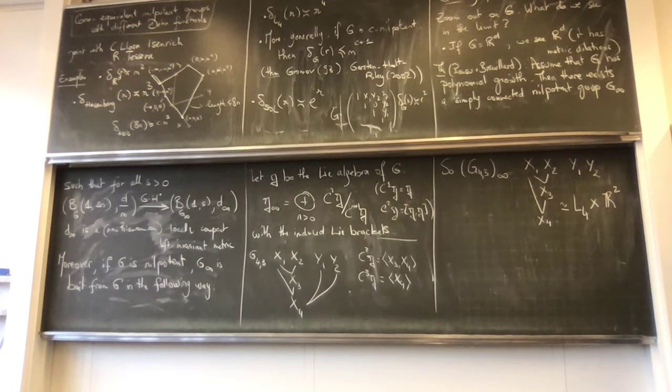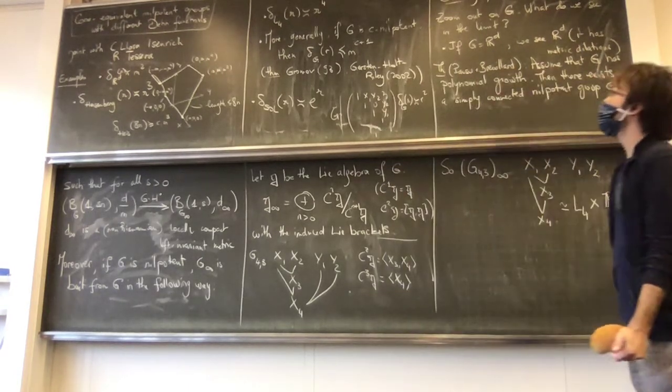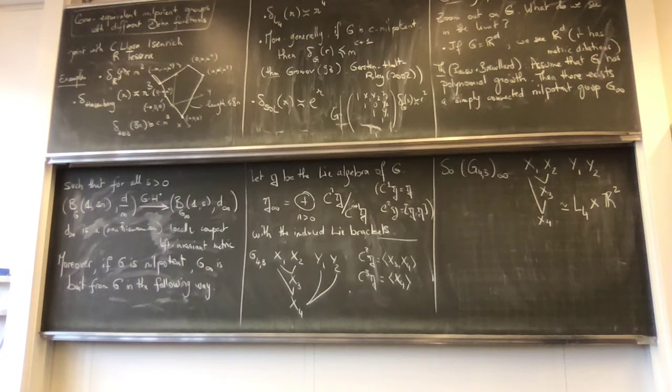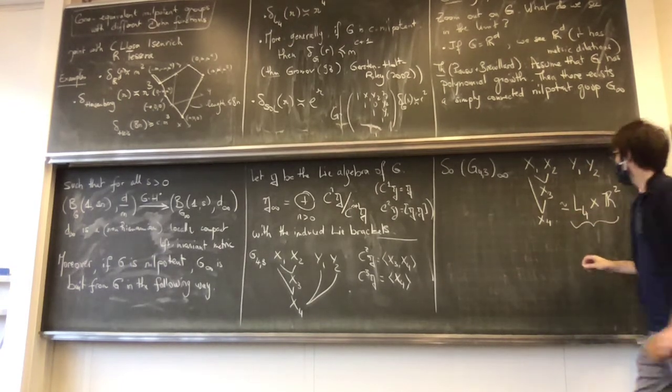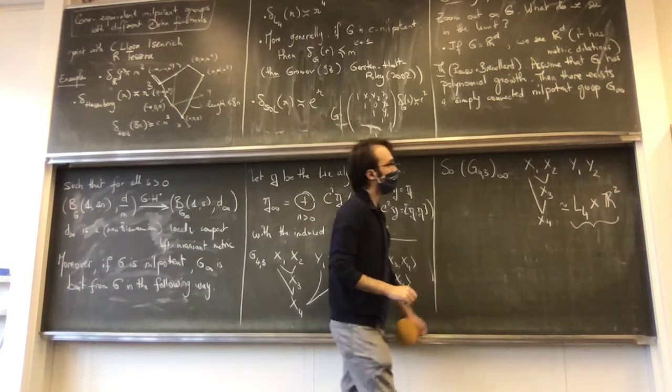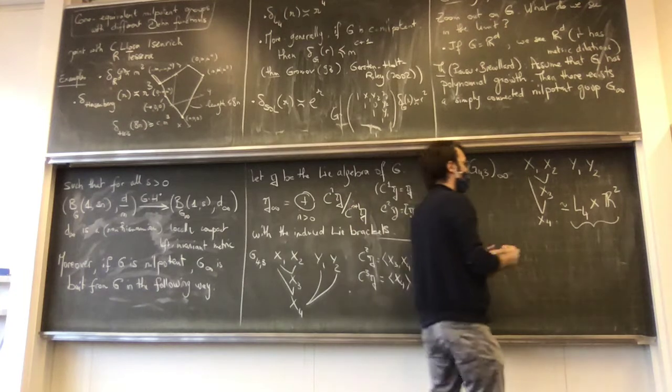The Dehn function of this one is not too hard to compute because we know the Dehn function of L4. L4 has a nice model, which is a jet space. We know that the Dehn function of a direct product is the maximum of the Dehn functions of its summands.